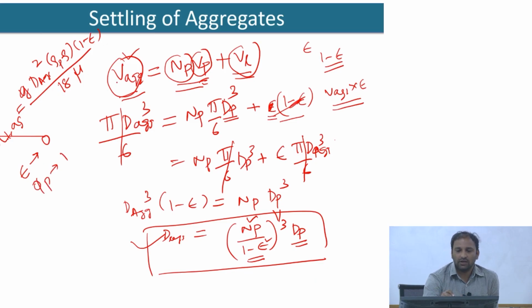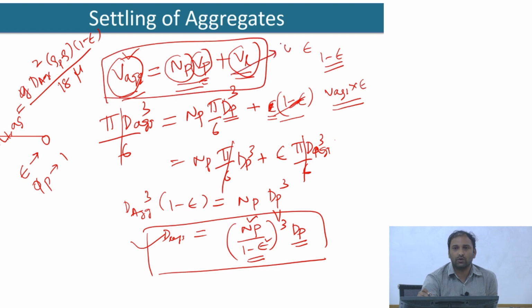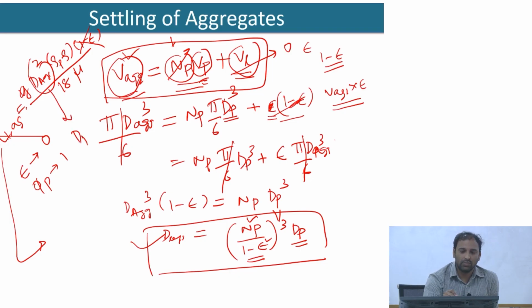In that case, if I look at this expression, your VL is 0, and your number of particles is going to be 1, right. So, this expression kind of becomes your single particle settling velocity, because your epsilon is 0, therefore this term goes, and number of particles is 1 here. Therefore, your d aggregate is basically same as d particle, right.